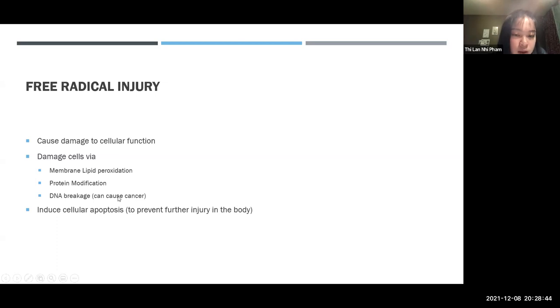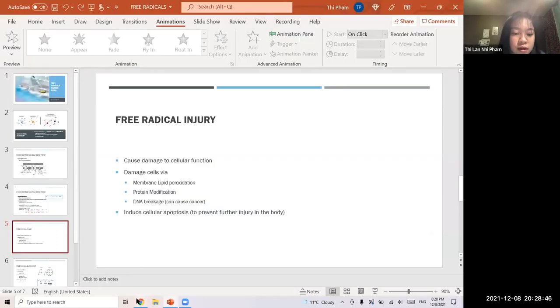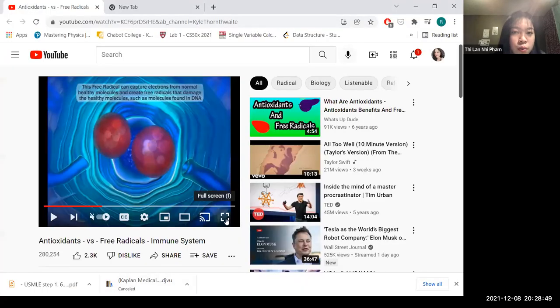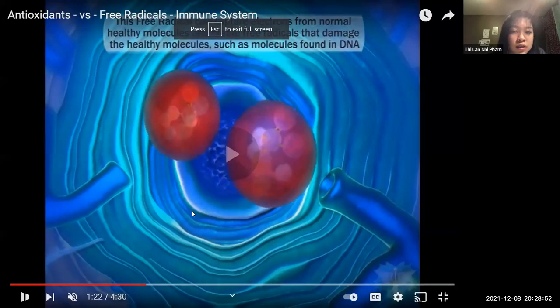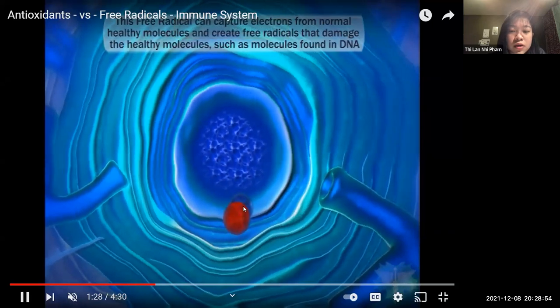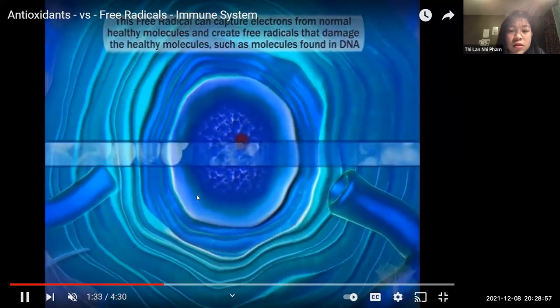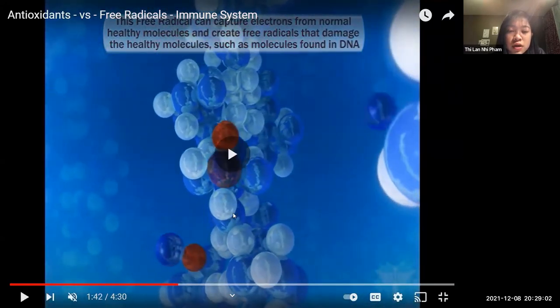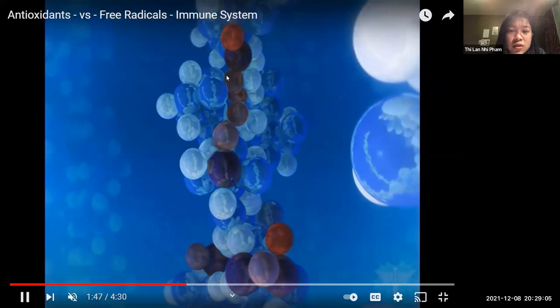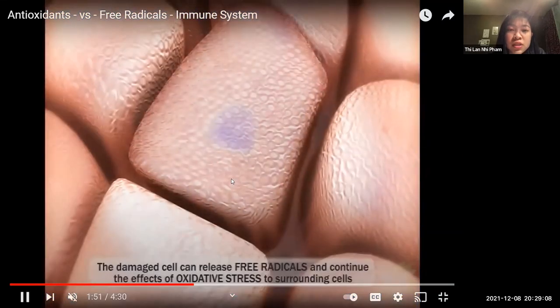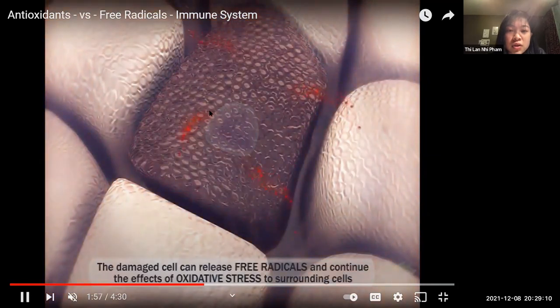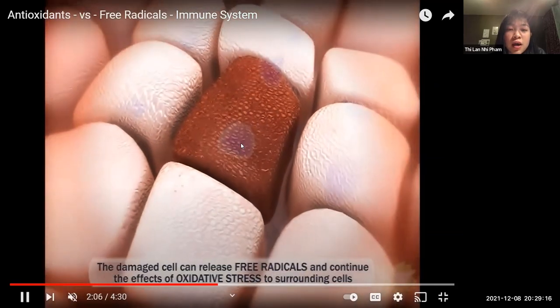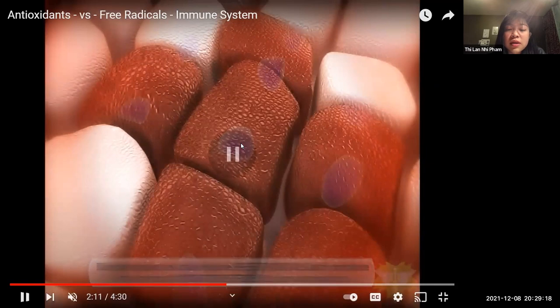Let me show you a demonstration. So this is a free radical. It's going to try to steal electrons from other atoms, and this is our DNA sequence. It's going to cause huge damage to our DNA, and it could cause damage to the entire cell, because DNA produces proteins.